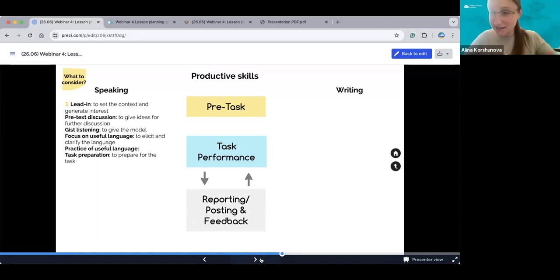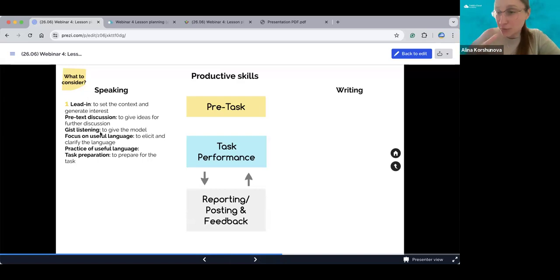So what can we do here? Of course, we might include a lead-in as usual. Then probably we would give our students a model, an example of speaking that we would like them to imitate and repeat at the production stage, the final stage.